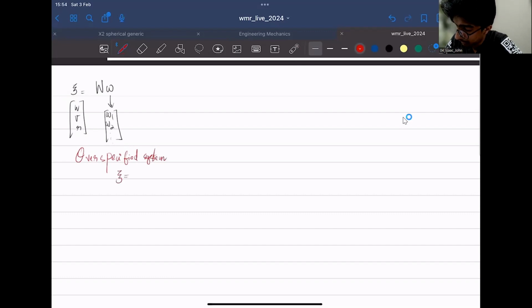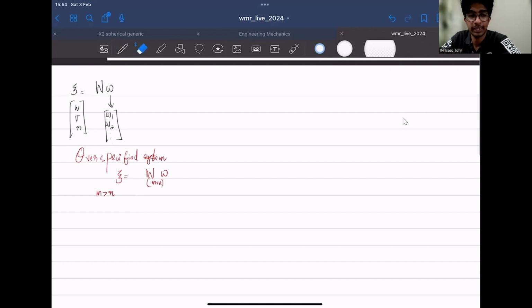So theta would be W times omega. Here, if W is of the order m cross n, and if m is greater than n, so what does this mean? If the number of equations is greater than the number of unknowns, then what is going to happen?